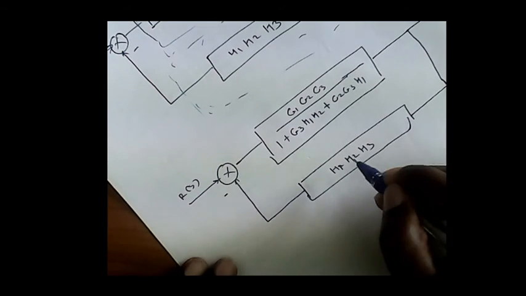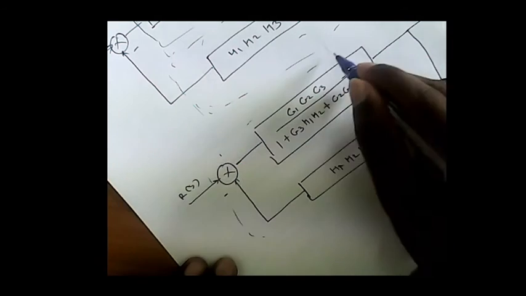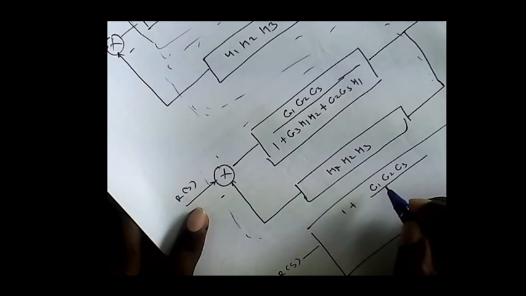Now after solving, to remove this feedback loop, we get C(s) over R(s) is equal to, after simplification, G1 G2 G3 divided by 1 plus G3 H1 H2 plus G2 G3 into H1.